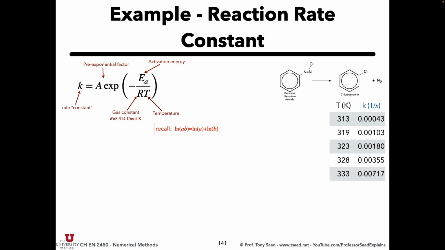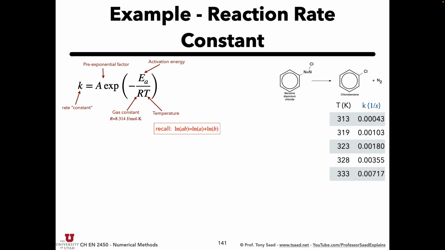Now, in these cases, we don't know A or the activation energy for a certain mechanism. So in this case, benzene diazonium chloride reacts to chlorobenzene and N2, and you go and measure this. You don't know what the activation energy is.